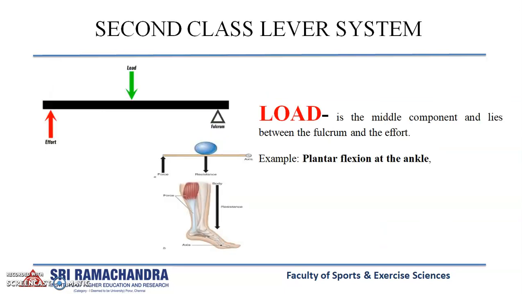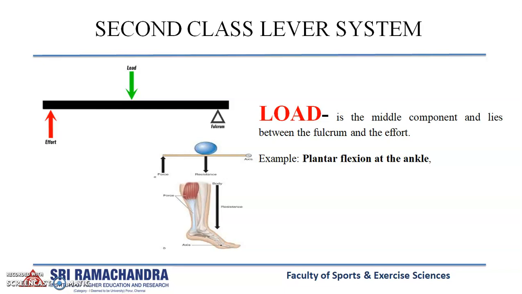When you talk about the second class lever system, in the first class lever system the fulcrum is the middle component. In the second class, the load is the middle component and lies between the fulcrum and the effort. And the second class lever system commonly occurs in the body when gravity, an external force or an inertia is the effort force, and muscles are the resistance, which means the load.